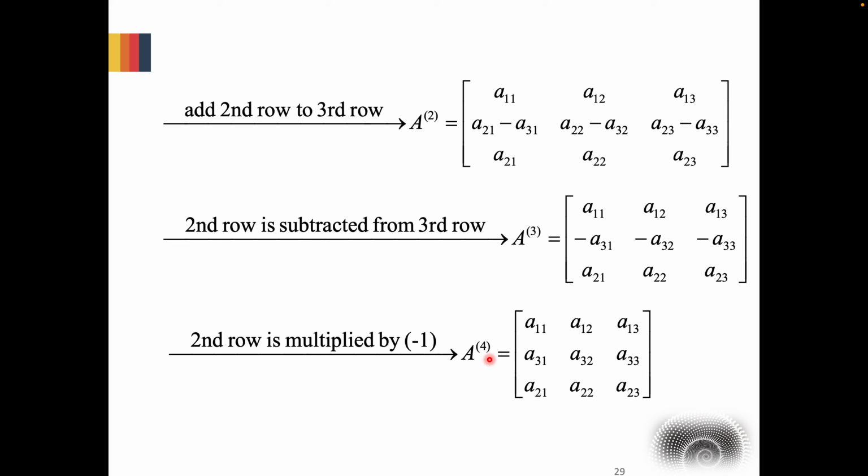And we can see that interchanging two rows can be implemented by a sequence of elementary row operations of type 3. That means we can add to a row a multiple of another row, right?